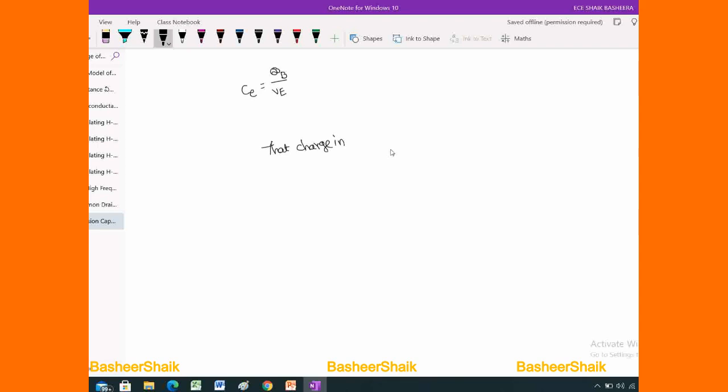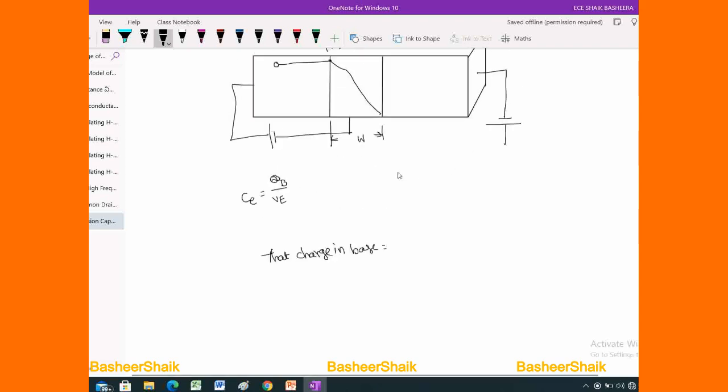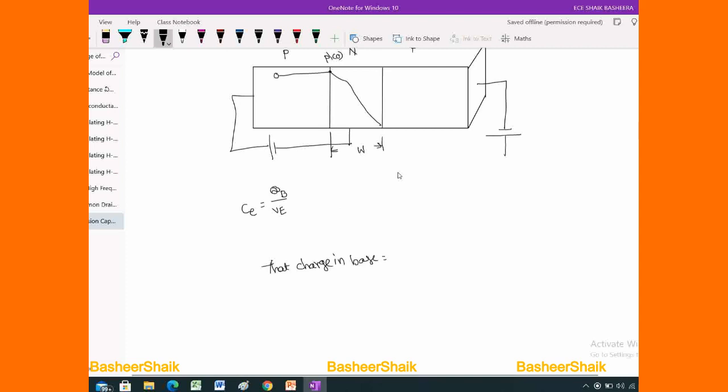The number of charge particles is P dash of 0 by 2, with the charge Q accumulated over the width W and cross-section area A. This is the charge in the base.